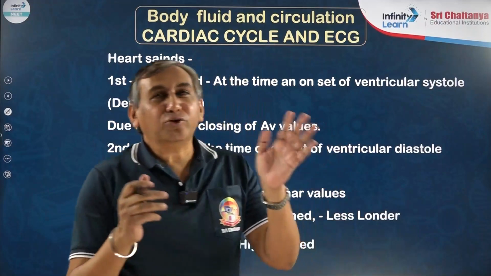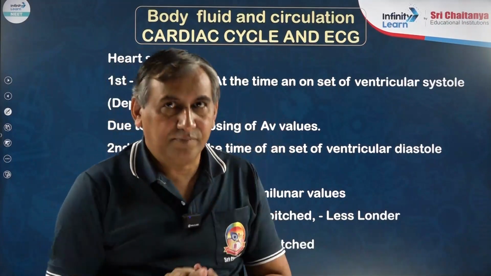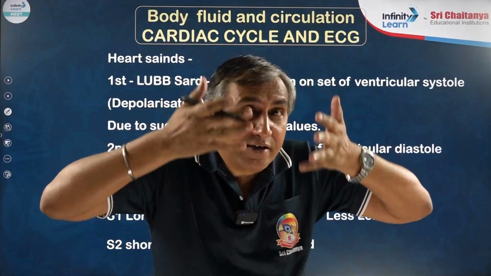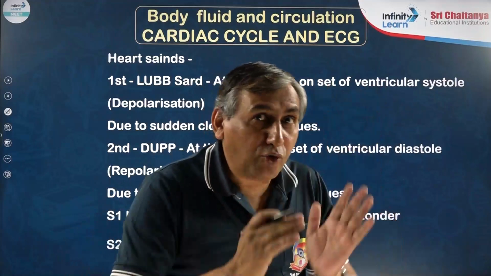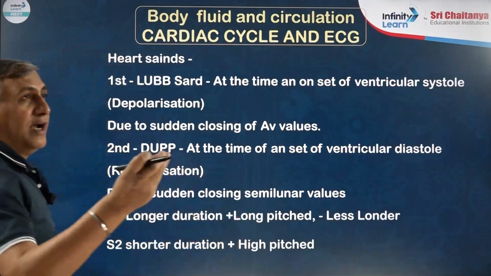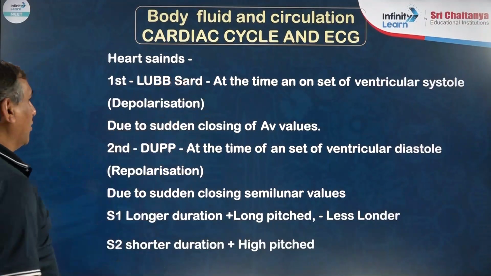So who is producing the sound in the heart? Movement of the valves, those present at the openings of atria and ventricle and at the opening of the aorta. We discussed in the last class the semilunar valves and the aortic valves, and I said that AV valves are also there.